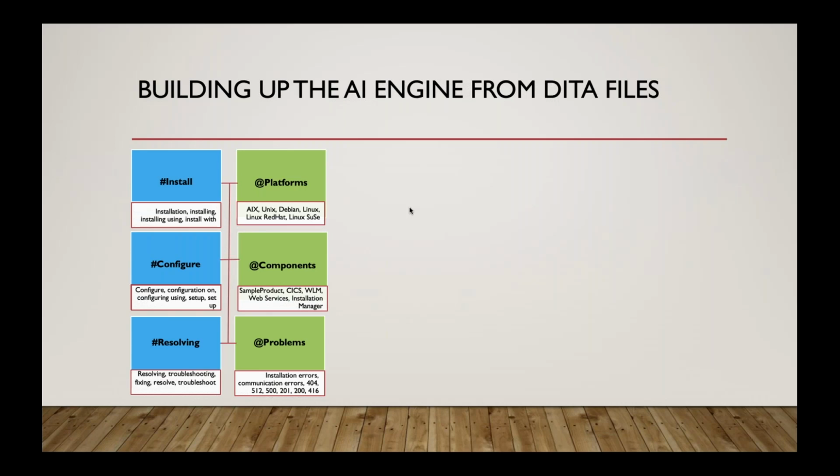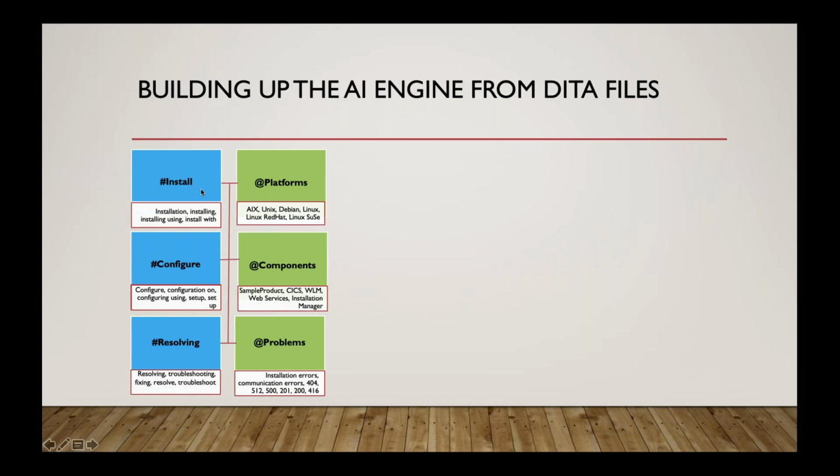You have your different installation tasks, configuration tasks, and troubleshooting or resolving tasks listed on the left, and the various nouns with regard to platforms, let's say AIX or Red Hat, these are different platforms. The product names we have listed out as components.